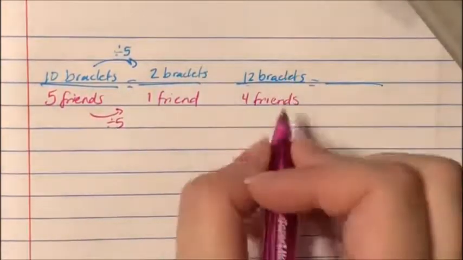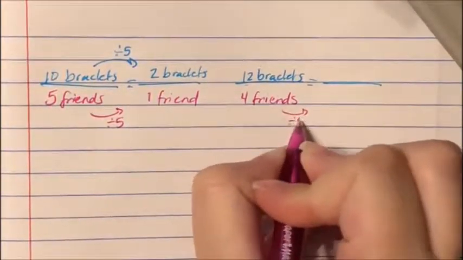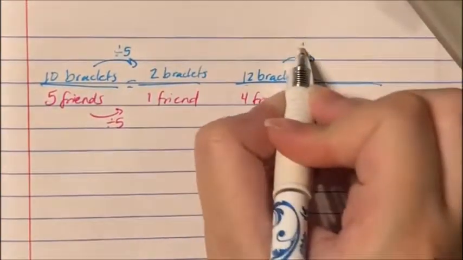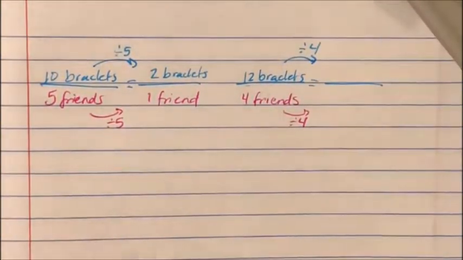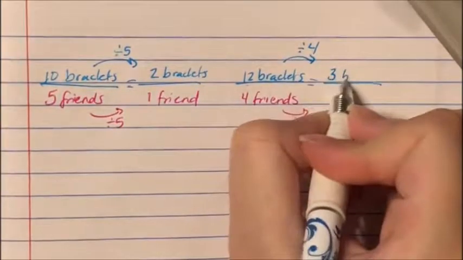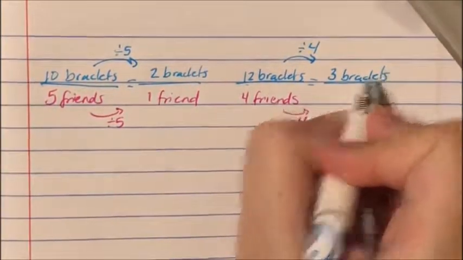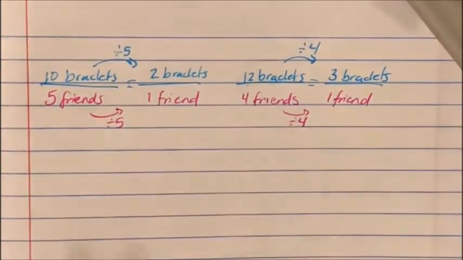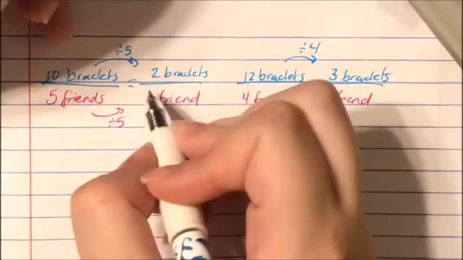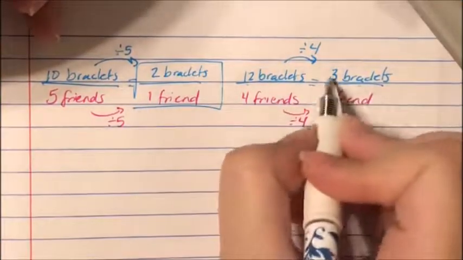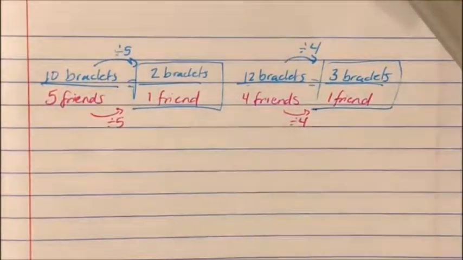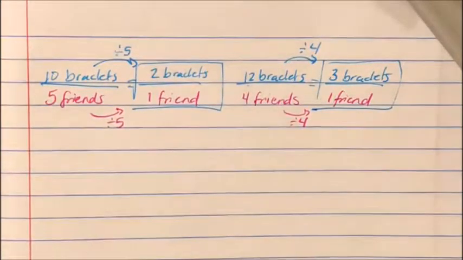So 4 divided by 4 gives me 1, and 12 divided by 4 gives me 3. So I have 3 bracelets for 1 friend. Okay. This and this are not the same, so they are not equivalent.